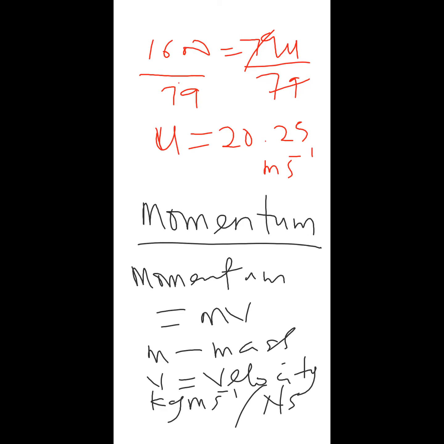All right. Now, why are we going to be discussing momentum? We are going to be discussing momentum based on the theory of collision of objects. When objects collide, what are the observable things that we can note?